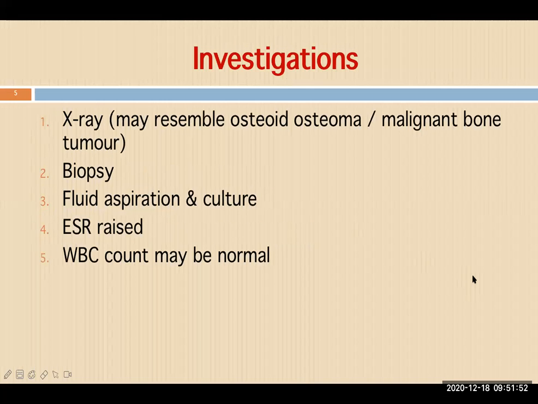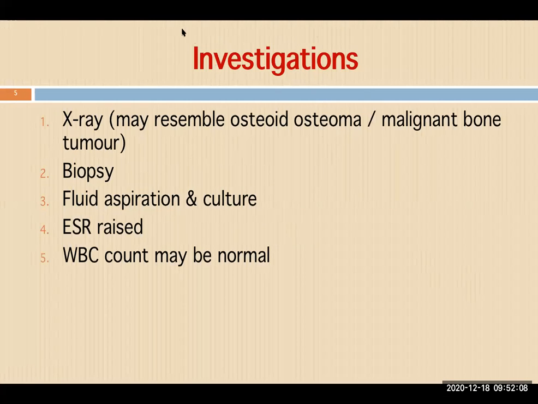Now, regarding the investigation, we have to take an X-ray of the affected part. One of the differential diagnoses you need to think about when we take the X-ray is osteoid osteoma or malignant bone tumor.